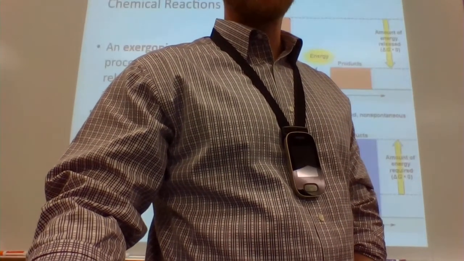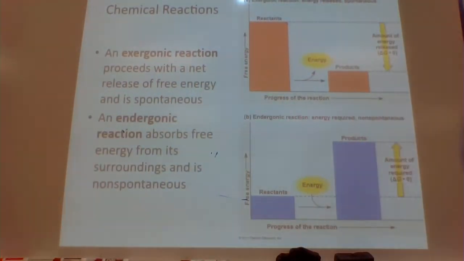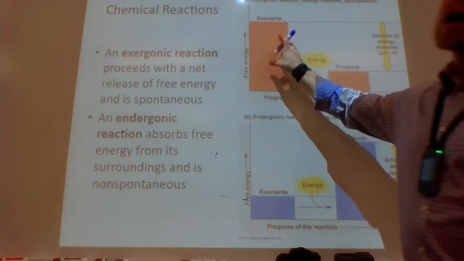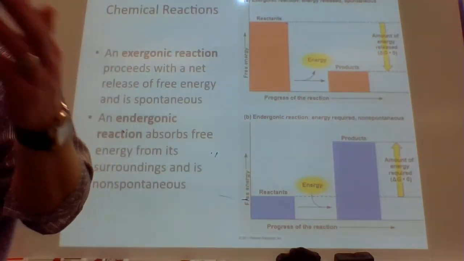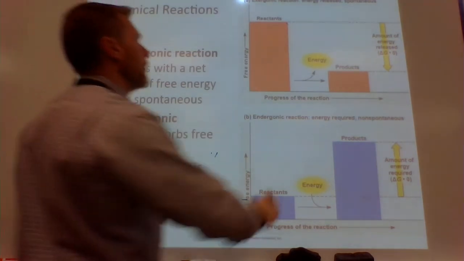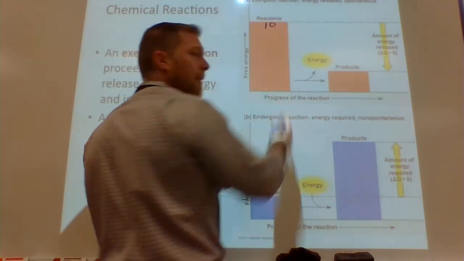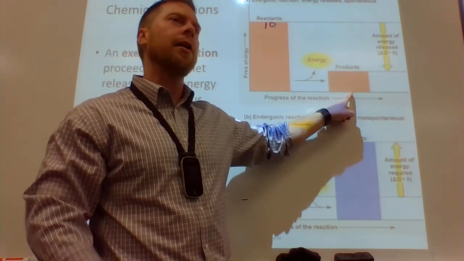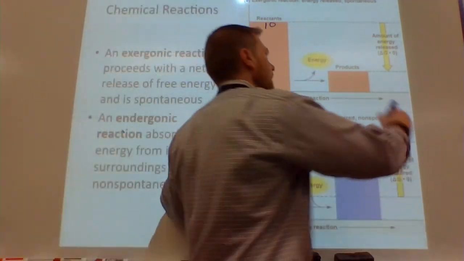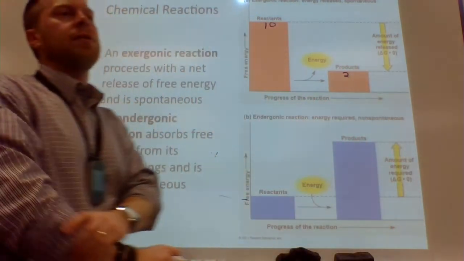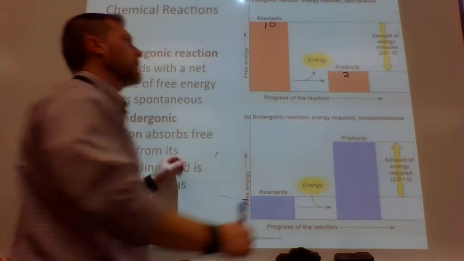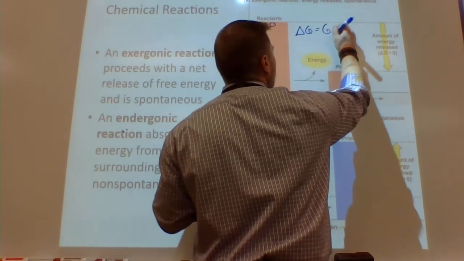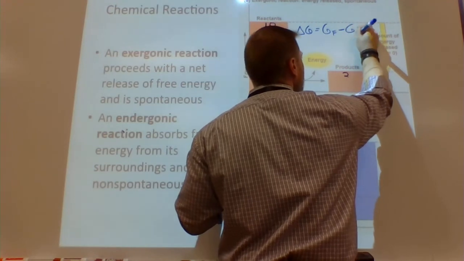Let's go back to these diagrams, right? Now say you have your exergonic reaction. You have a high energy reactant. Let's give it an artificial number. Let's give the reactant 10 units of energy, and it's being broken down into a low energy product. We'll give it 2 units of energy. So delta G is going to be the free energy final minus the free energy initial.